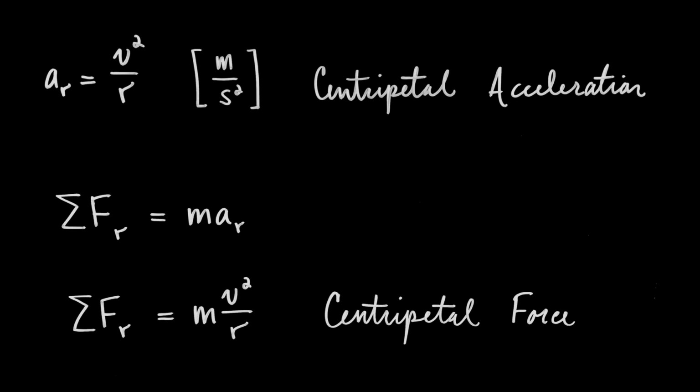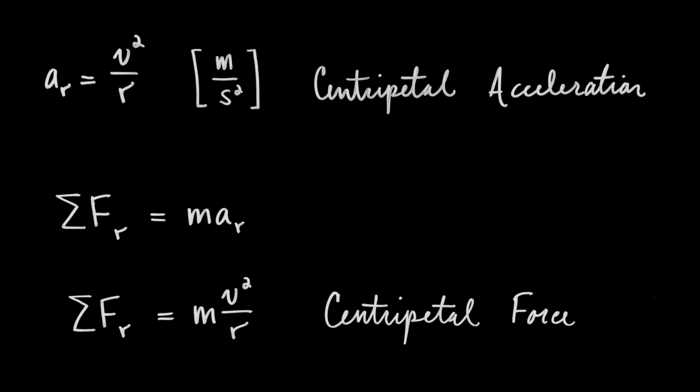Forces cause acceleration. So when I observe centripetal acceleration, Newton's second law tells me that the sum of the forces that act in the radial direction. If the acceleration points towards the center of the circle, so too must the forces, because F equals ma.